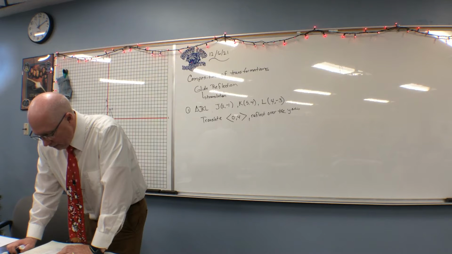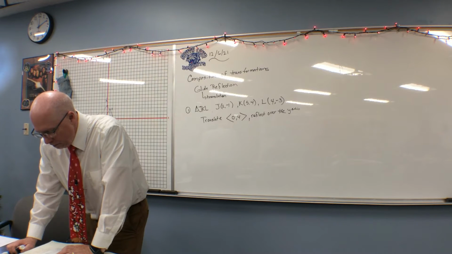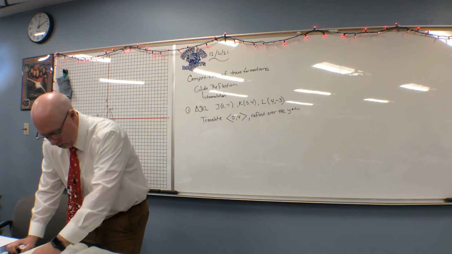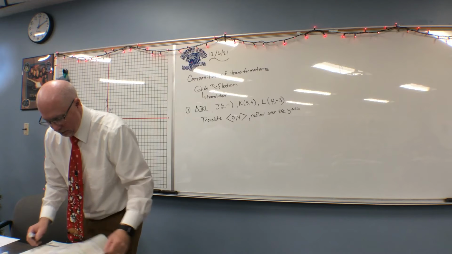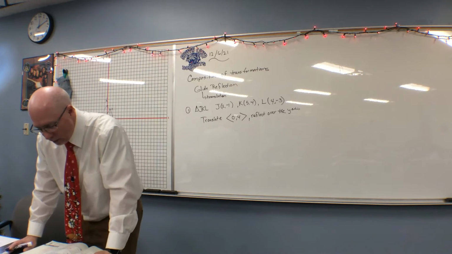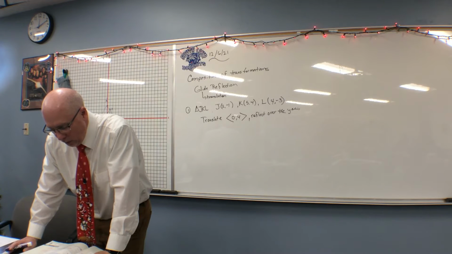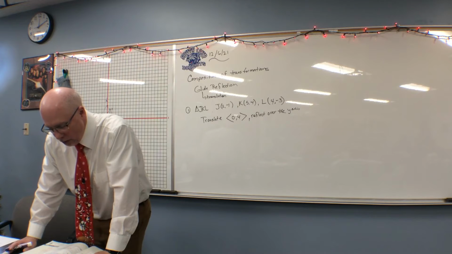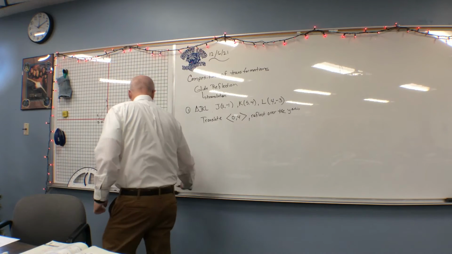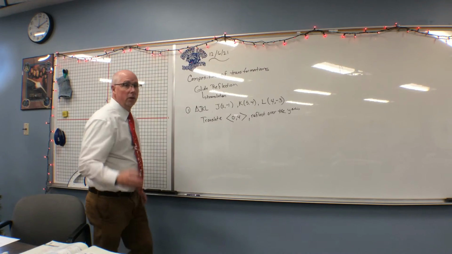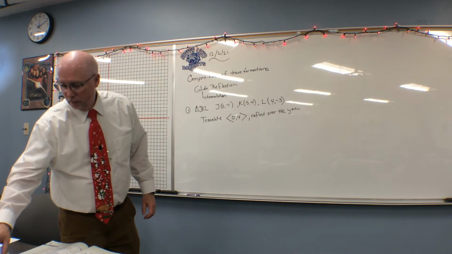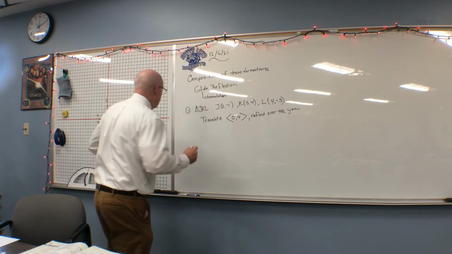There's a table, and it says we're going to reflect across the x or y axis. You got the wrong table. Turn to page 224. See that table there? Reflection over the line y equals x, correct? What do we do with the x and the y? We switch them.